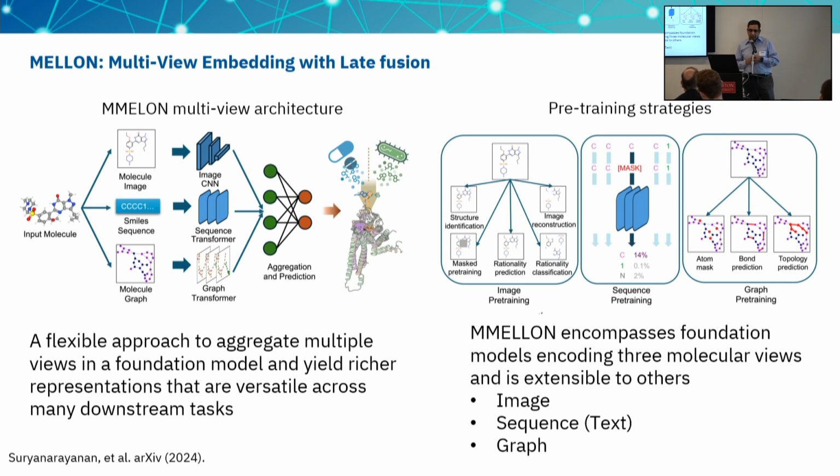So what we thought was, since the space that you are trying to capture is 10 to the power of 64, why not build all 3? Because it's very difficult to compare foundation models because they are trained on different sets of data. So all these 3 foundation models that we have built are trained on the same 200 million data points from PubChem and Zinc.